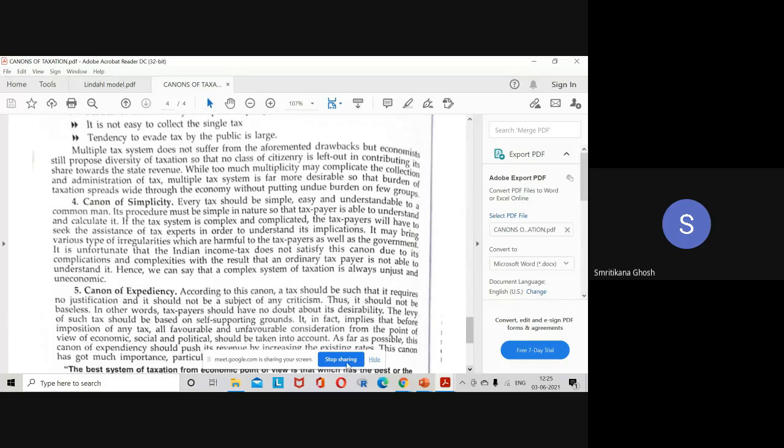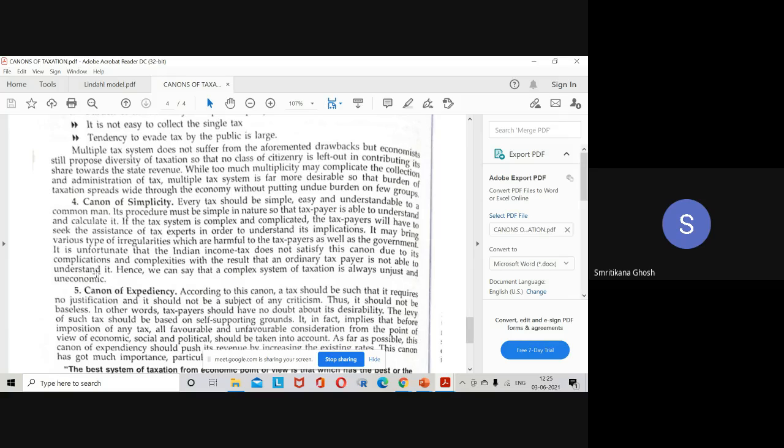But it is written, look, it is unfortunate that Indian income tax does not satisfy this canon due to its complications and complexities, with the result that an ordinary taxpayer is not able to understand. Initially it was like that. Now the situation is a bit improved, not very much improved, but it is improving, we can say.